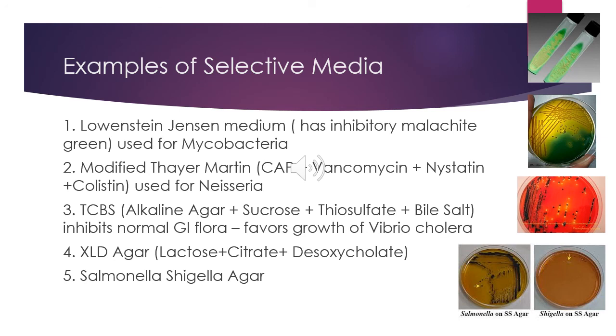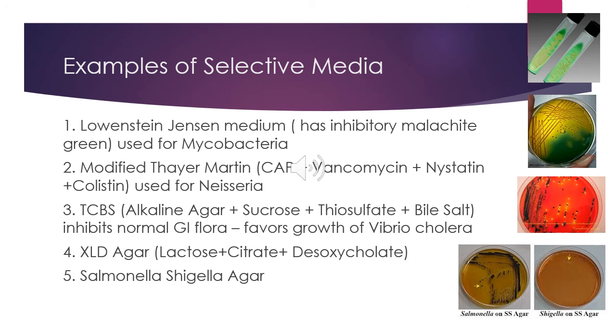The TCBS is usually used to grow your Vibrio species. The inhibitory substances here are your bile salt and thiosulfate, and it inhibits the growth of other gram-negative organisms and favors the growth of your Vibrio cholerae.